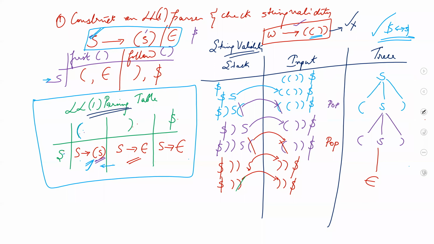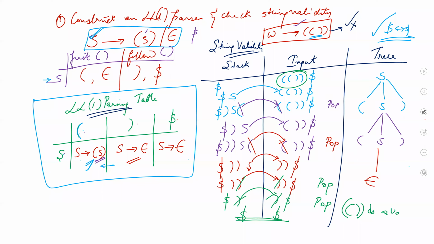The moment they are a match, I strike it off. It's popped. Remaining, I do have this. These two encounter, which means, again they pop off. At the end of the day, I do have $, which means this particular string is valid. This particular string is a valid string.